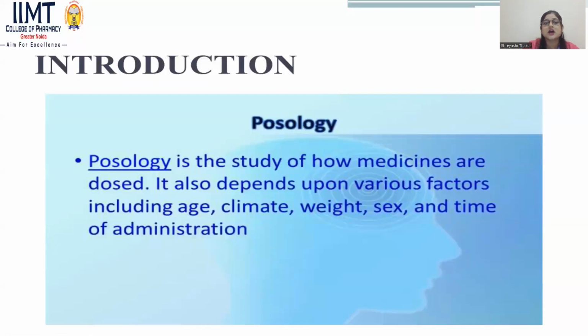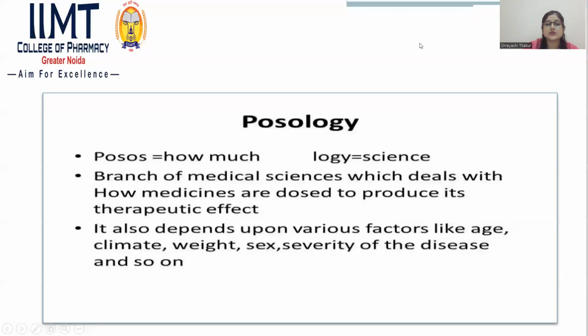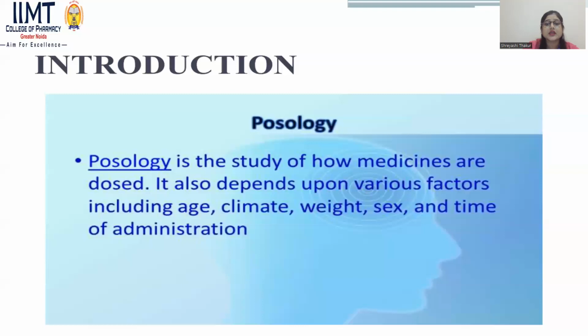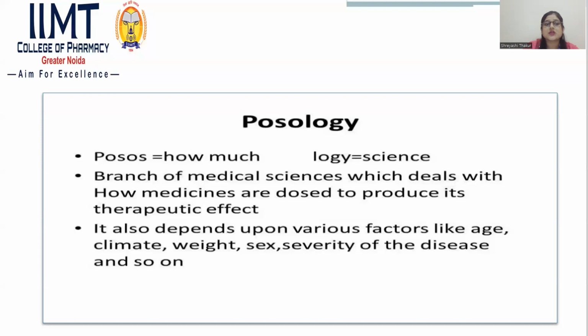So firstly, we will know about the definition of posology. What is posology? Posology is the study of how medicines are dosed, and it also depends upon various factors including age, climate, weight, sex, and time of administration of the drug or dosage form. Posology is composed of two words.